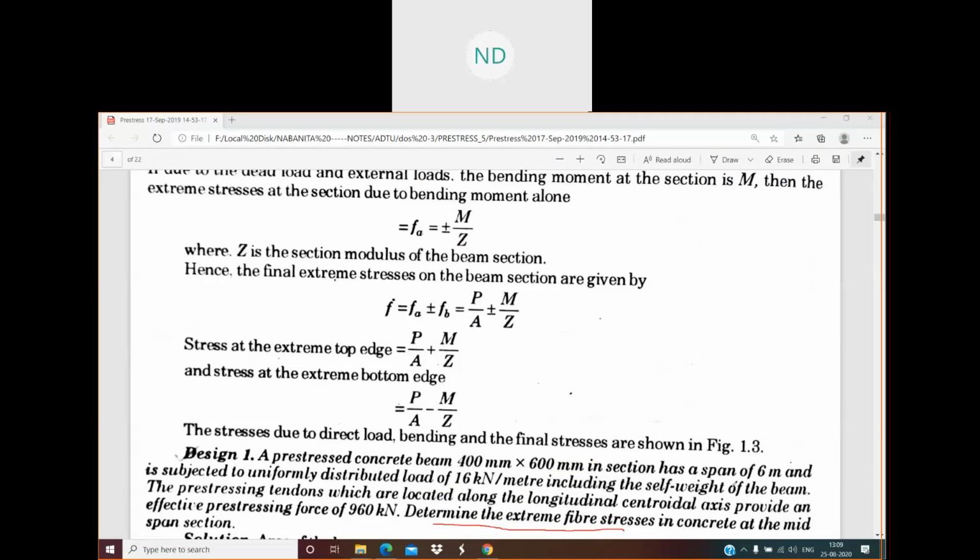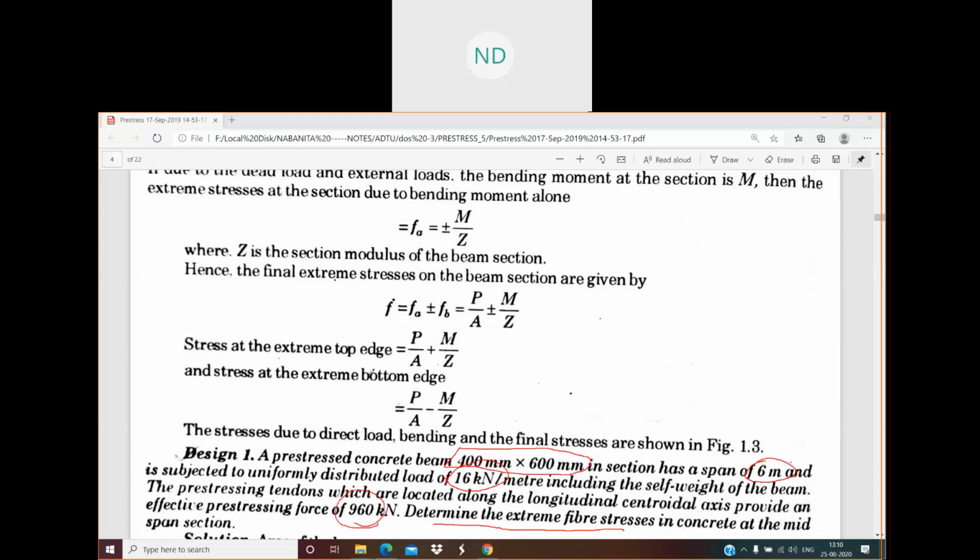At the midspan, and you know your span is 6 meter. The dimension of the beam is given. Your total load is 16 kilonewton. You have your pre-stress P is 960 kilonewton.